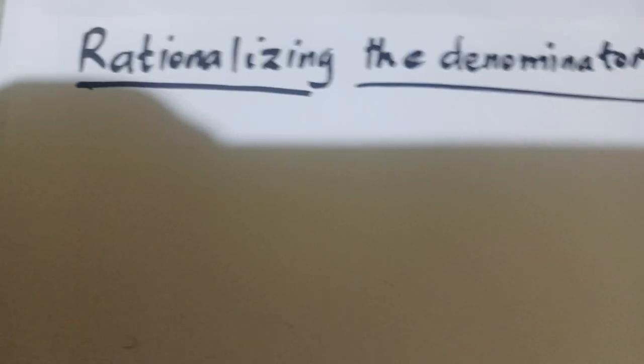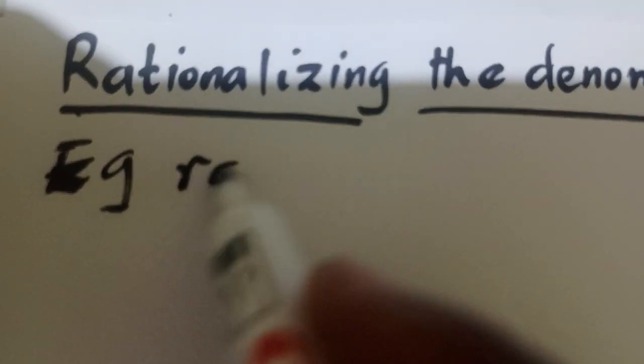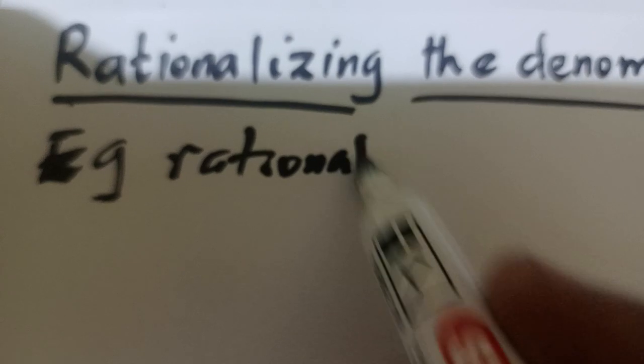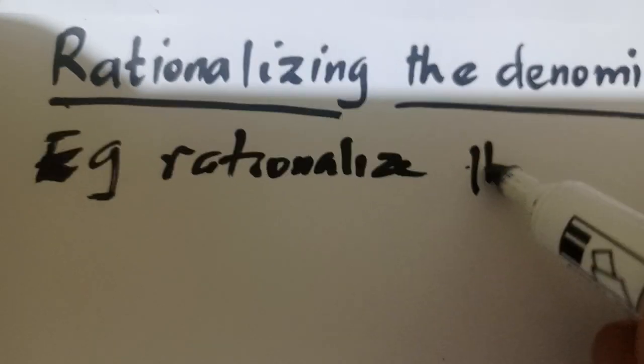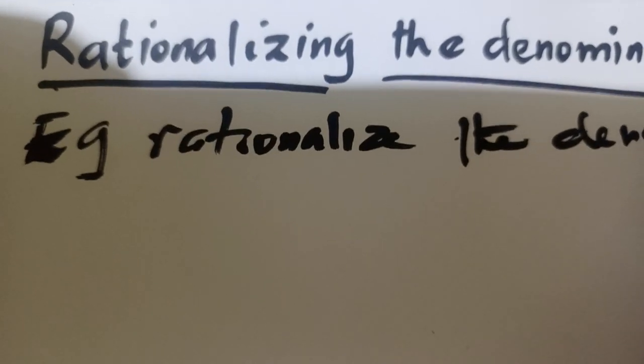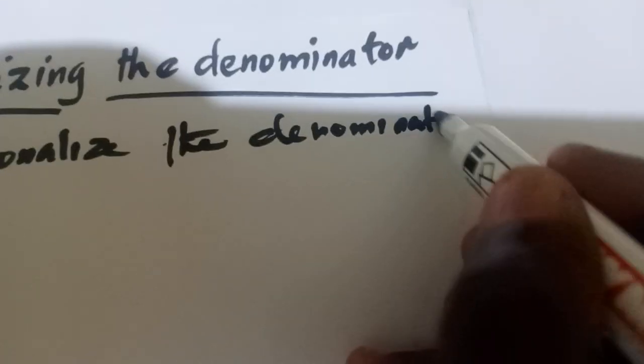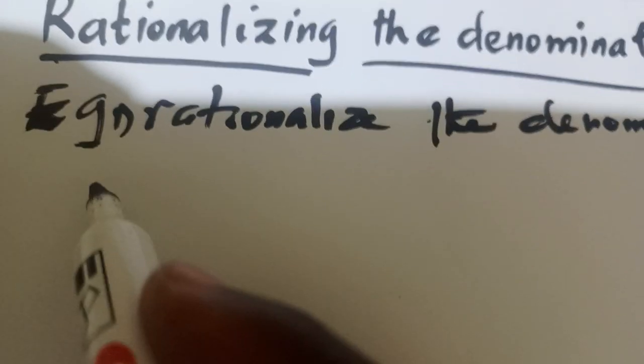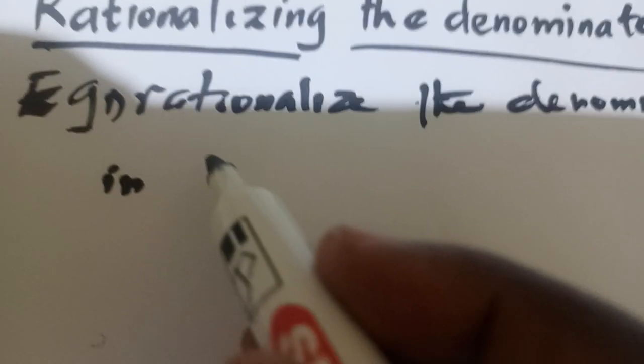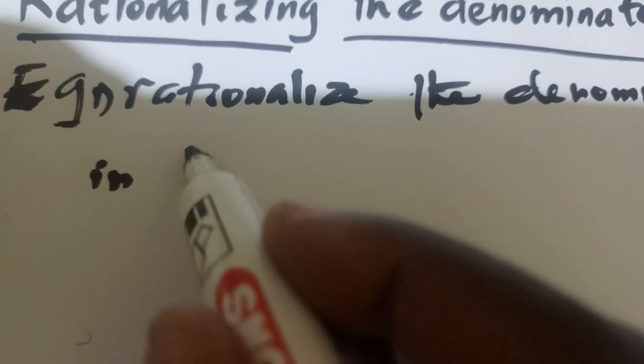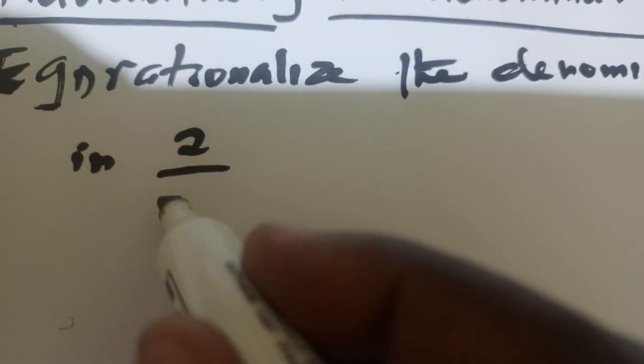And let's take one simple example. For instance, you could be asked to rationalize the denominator in, that is the first example, a fraction like 2 over root 7.